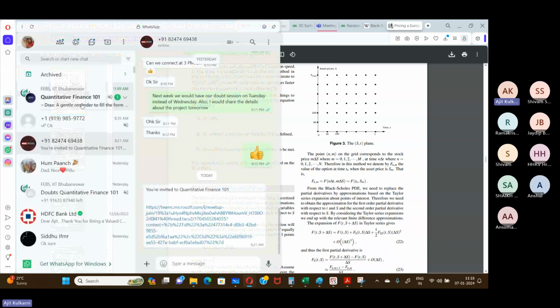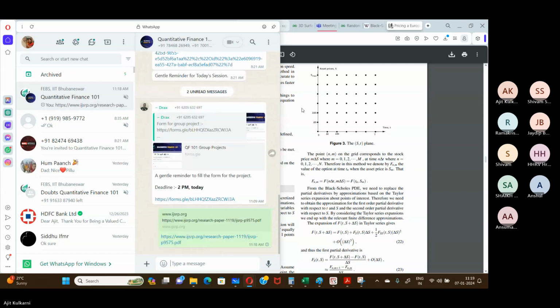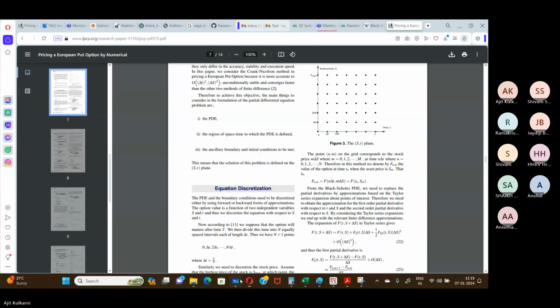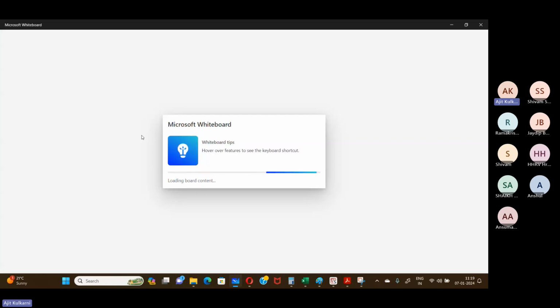Where do I put it? Let me put it here. So this is what I expect. This is the basic problem statement. Let me write the deliverables.